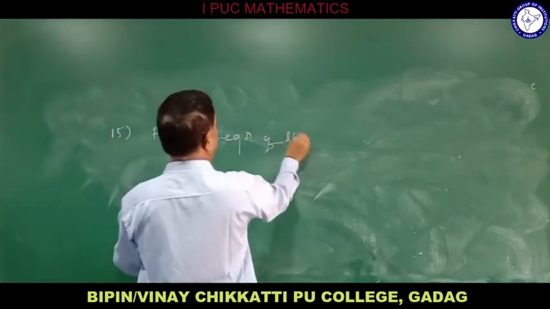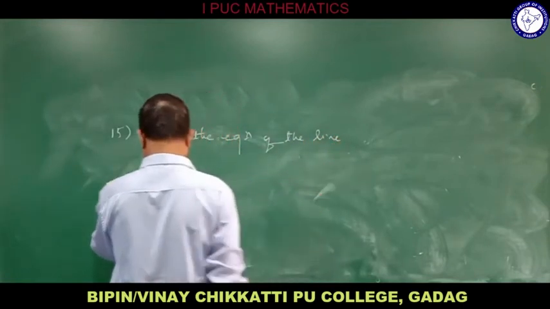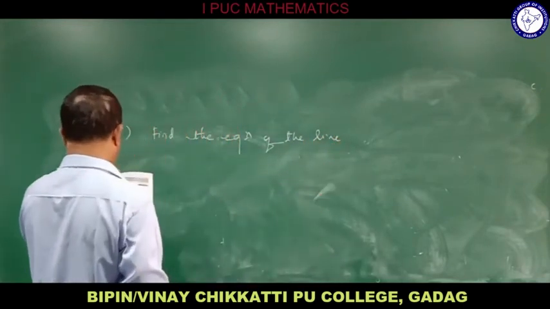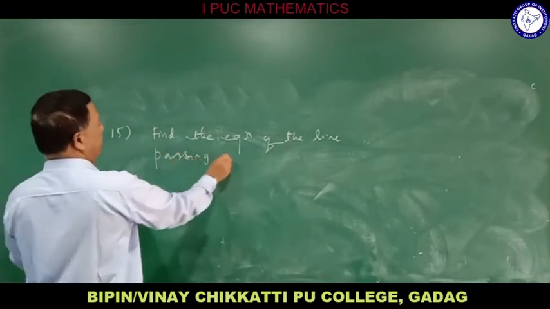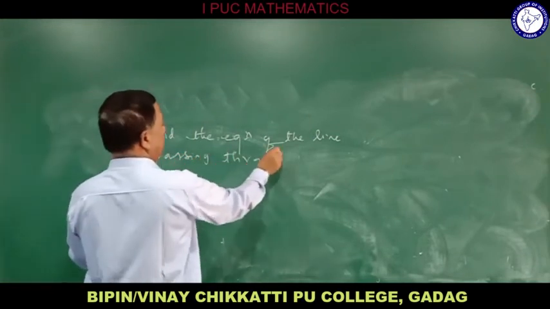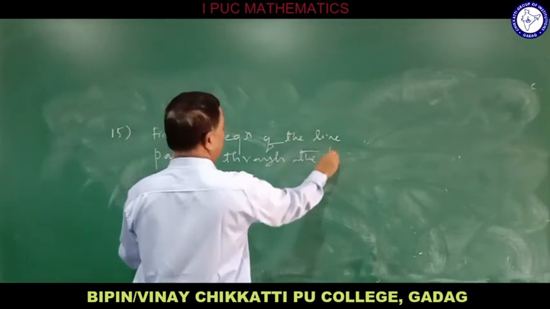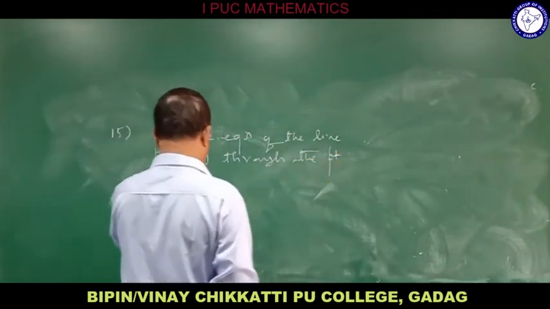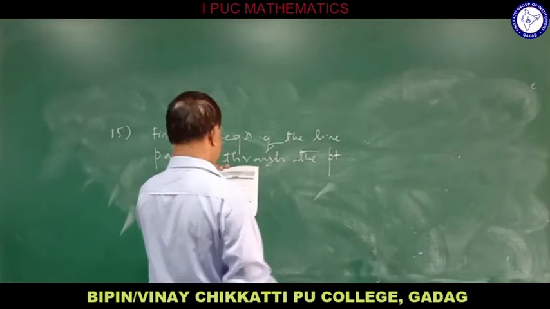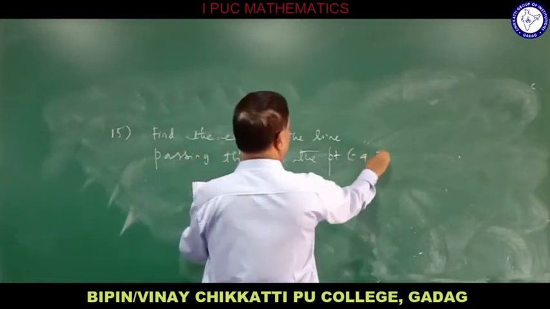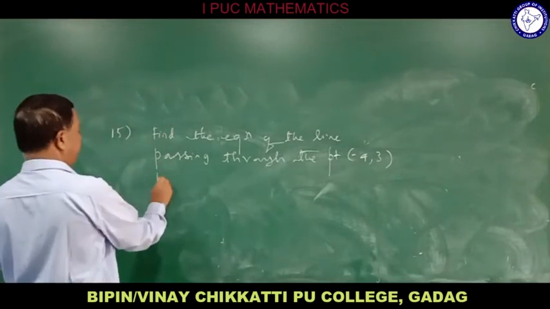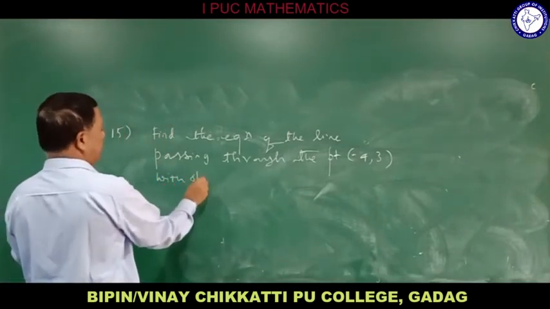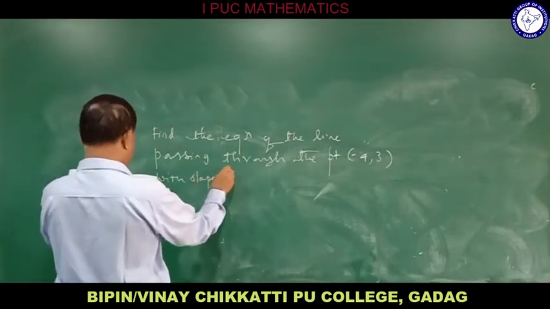Find the equation of the line passing through the point minus 4, 3 with the slope 1 upon 2.